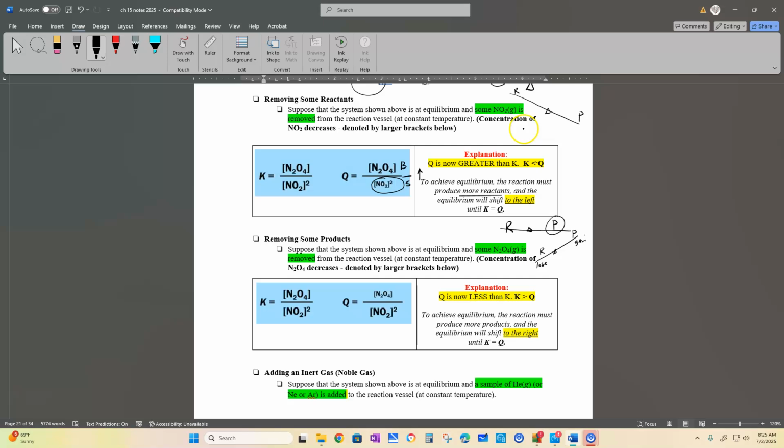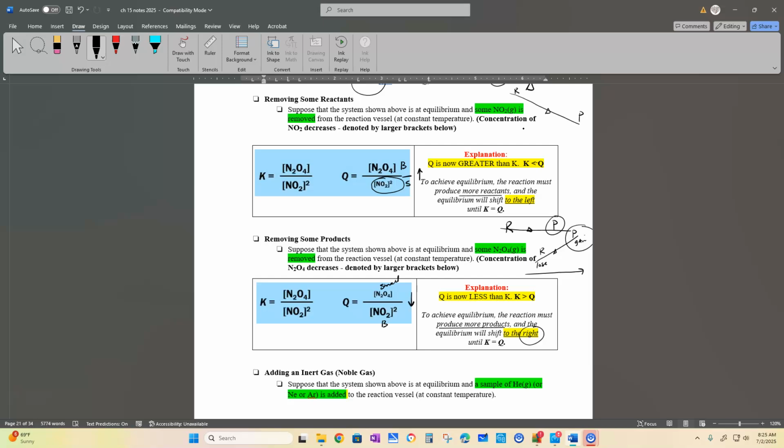I always like to say when you have to gain more, so I have to produce more products, but you could have said lose some reactants. Because I have to shift to produce more products, I'm going to have to shift to the right, so that way my K equals my Q. Notice right here, because I lost some products, small number over big, so my Q went down.